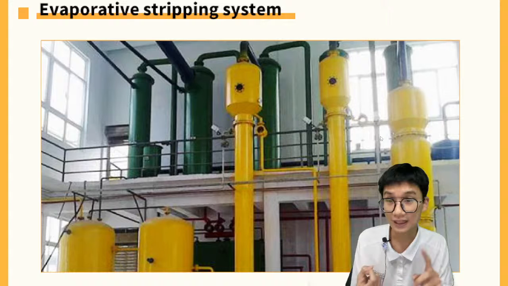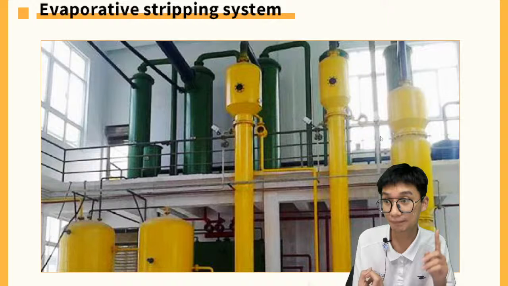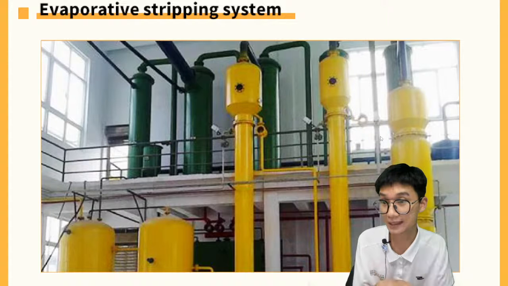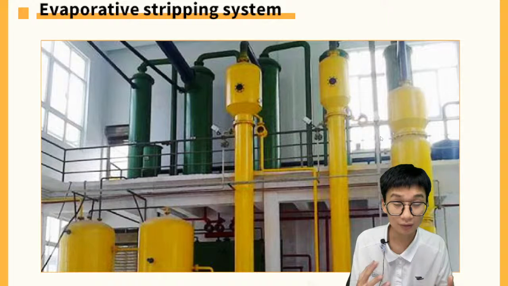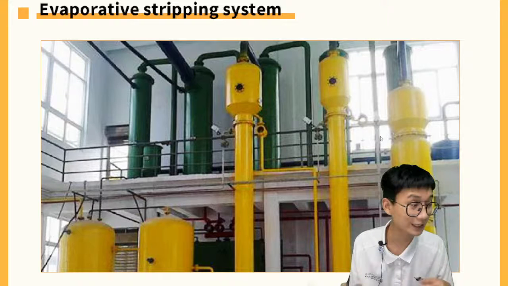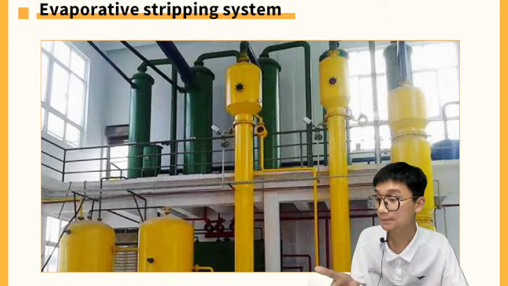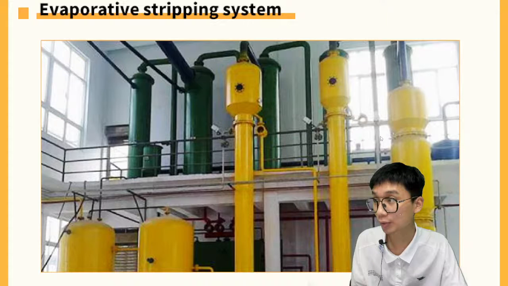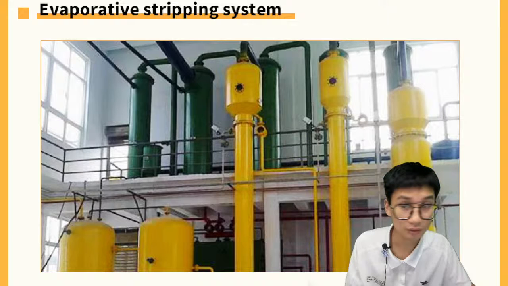Then we will get another thing, which is called micella. It is the mixture of the crude oil and the hexane. For the micella, we have to evaporate all of the solvent, all of the hexane, out of the crude oil, so that we can make the oils into edible oil. So this is the machine that we use to evaporate the hexane. And let me show you the videos that I just showed.